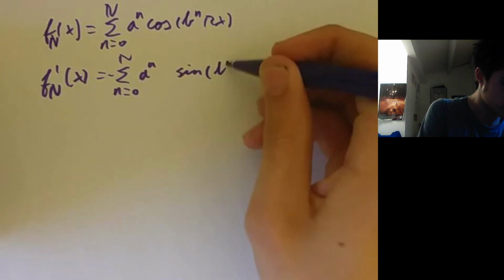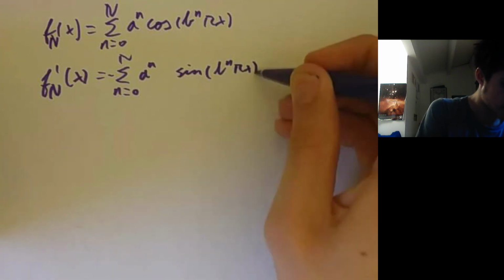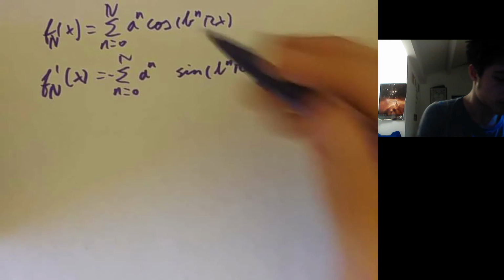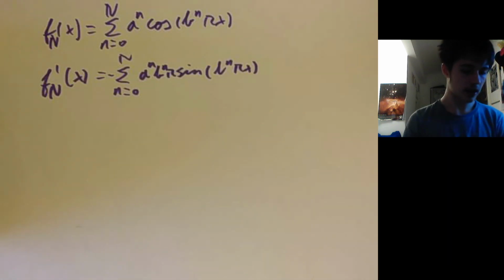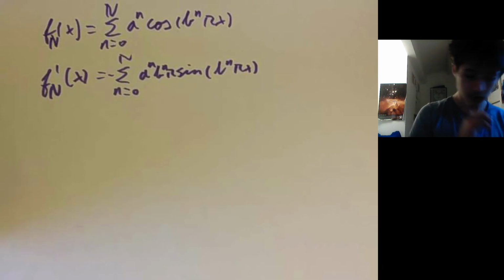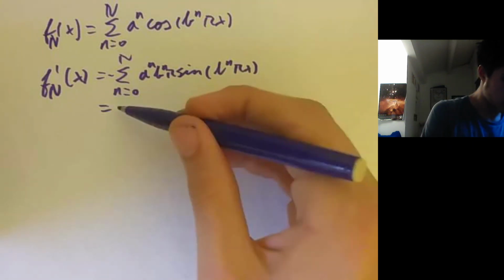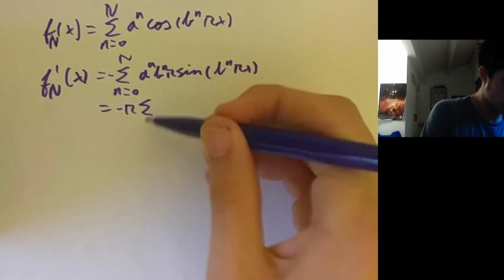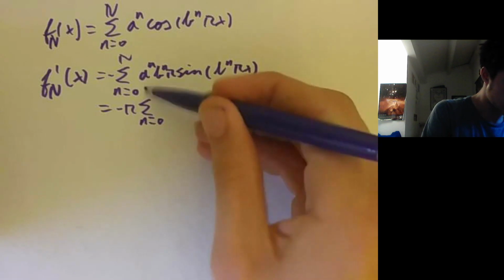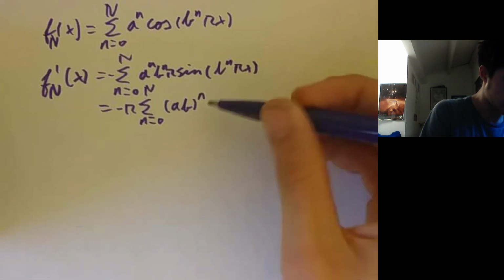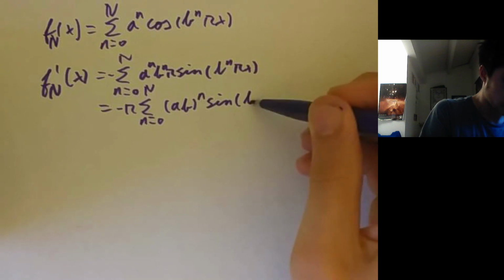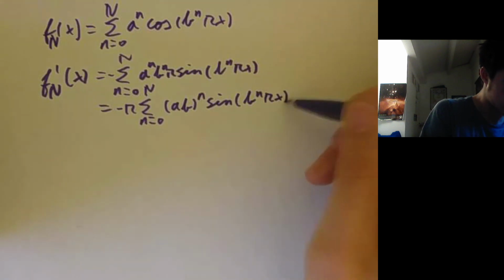Sine of b to the n pi x, and then we have to multiply by the derivative of the inside. So that's going to be b to the n times pi. And then we get a bunch of constants in the front, so we won't worry about those. The sum from 0 to capital N, and here a b to the power of n sine of b to the n pi x.